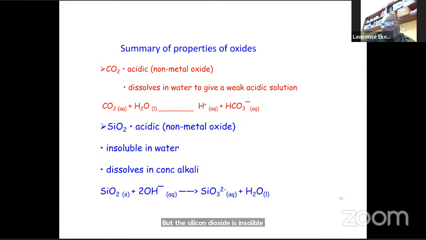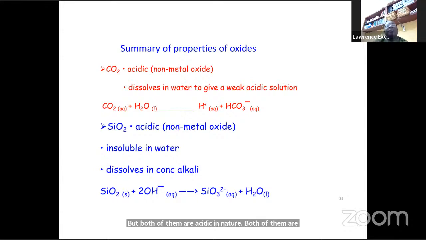That means it cannot dissolve in water, but it can dissolve in concentrated alkali. So this is the basic difference between carbon dioxide and silicon dioxide. But both of them are acidic in nature, and both of them are non-metal oxides.